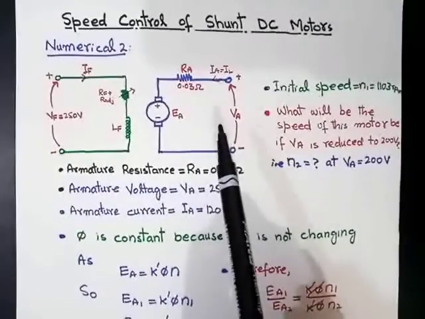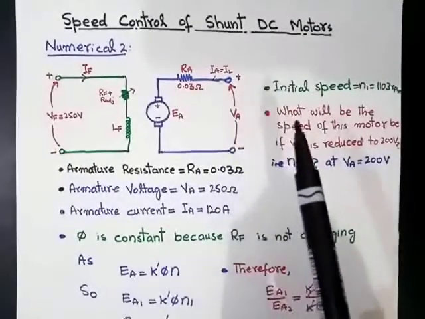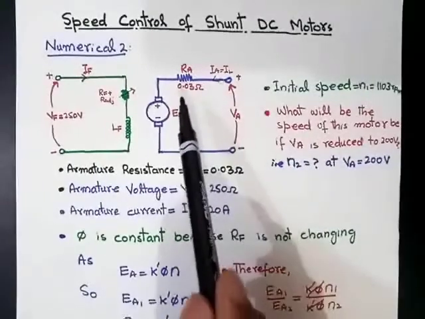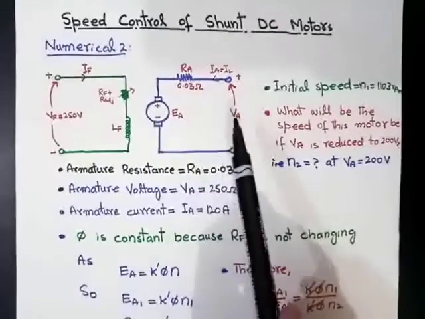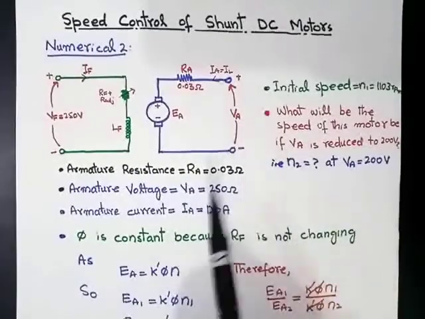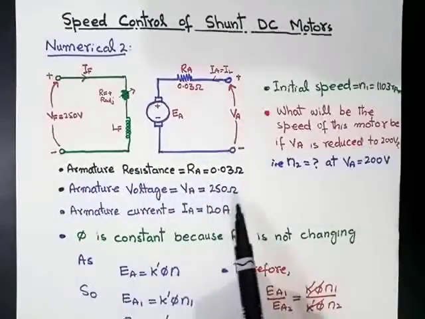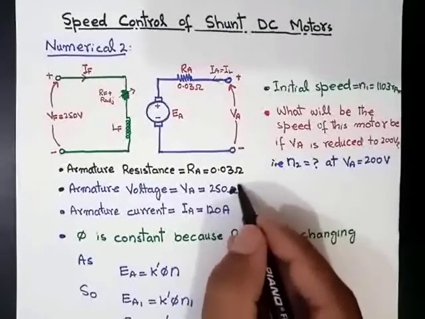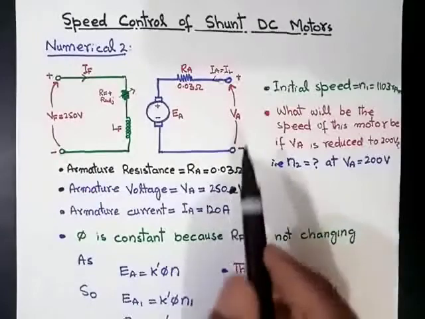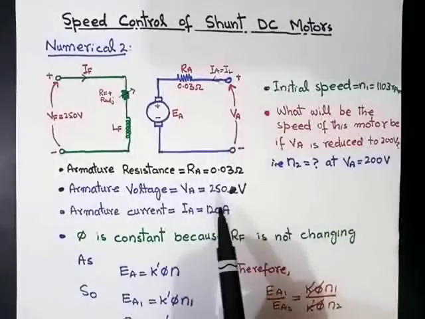The question is, the armature resistance is given as 0.03 ohm and the armature voltage is given as 250 volt. That is, the value of VA is 250 volt.